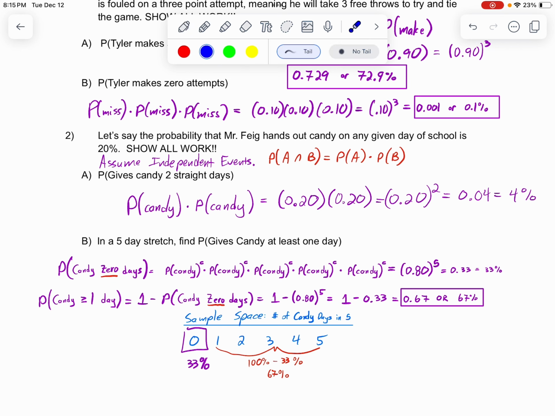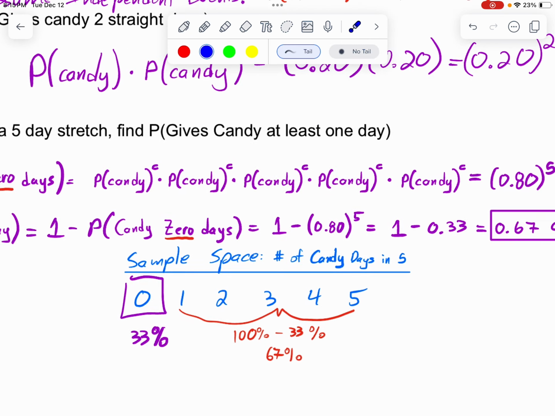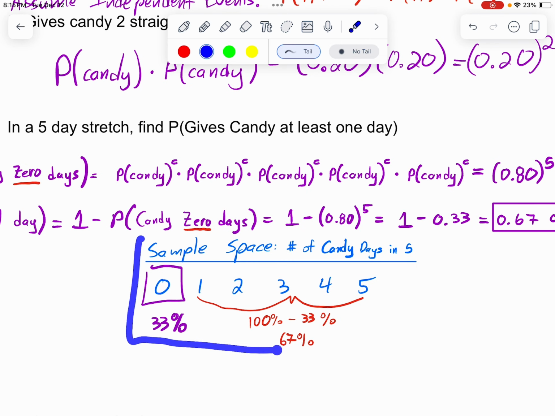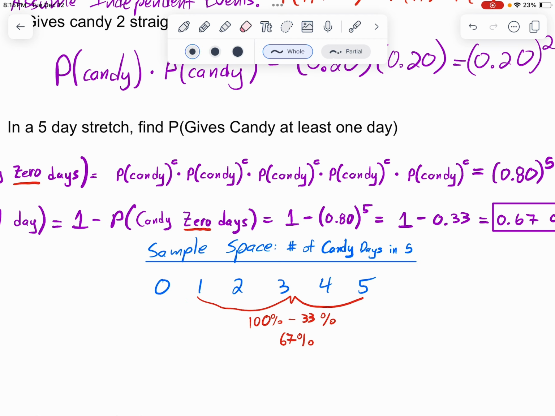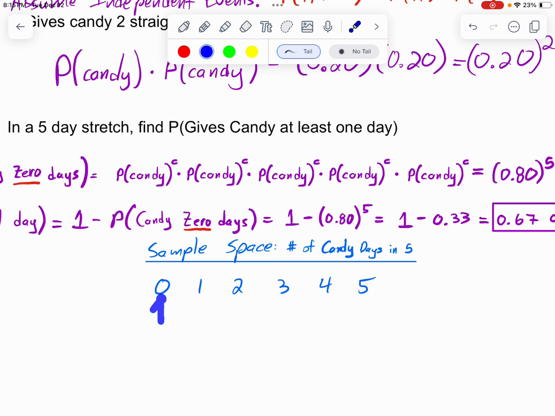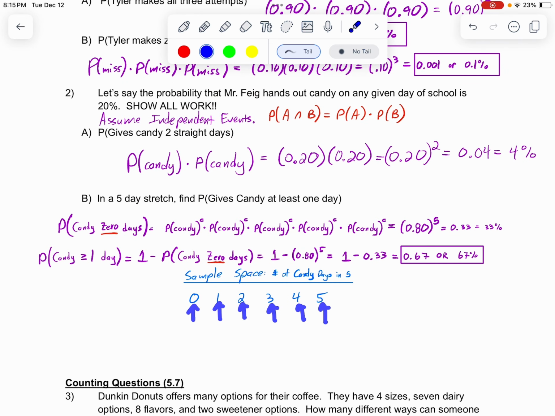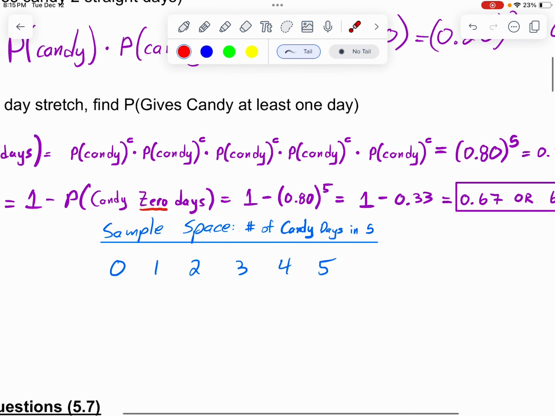So I like to, again, write out the sample space. Let me just backtrack on these and I'll go through it. This is the sample space, right? Either I give candy out 0 days out of 5 days, 1 day out of 5 days, 2 out of 5, 3 out of 5, 4 out of 5, or 5 out of 5. So what I'm going to do is find the probability that I never give out candy.